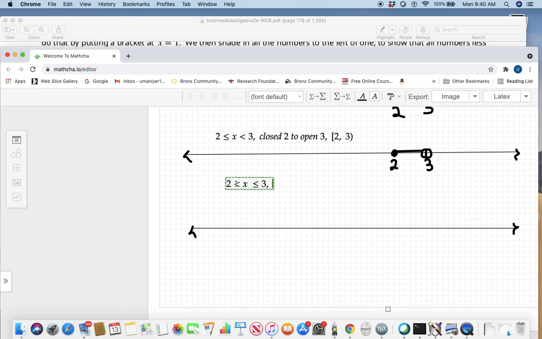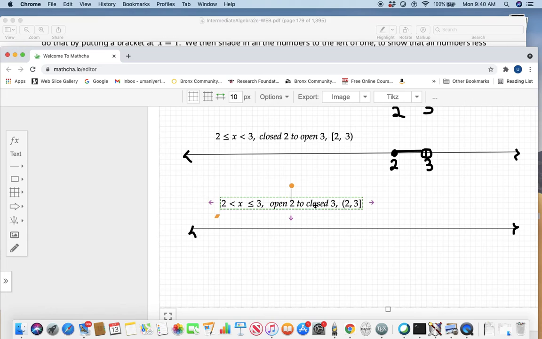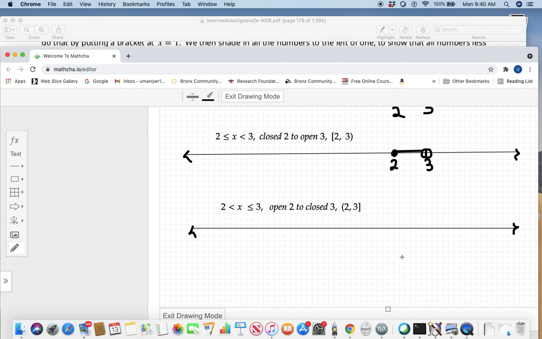That is open 2 to closed 3, parenthesis 2, bracket 3. Somewhere here is 2, somewhere here is 3. 2 is open, 3 is closed. Fill in the region between the two.